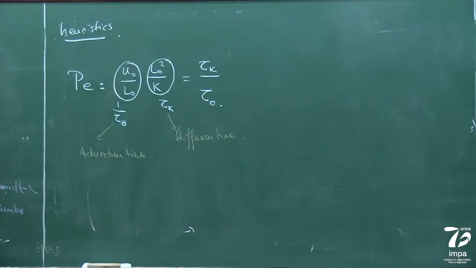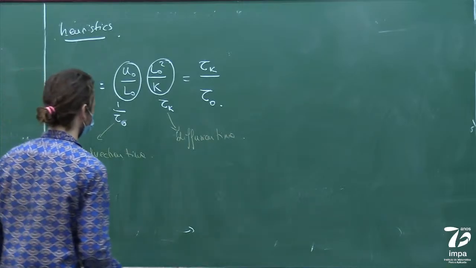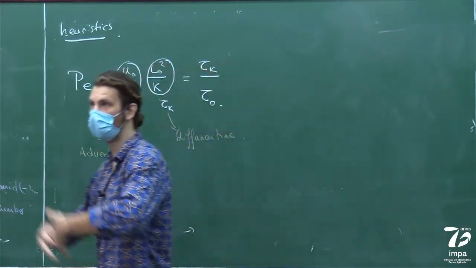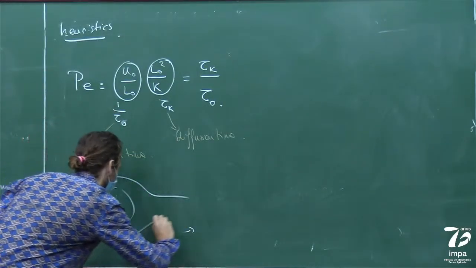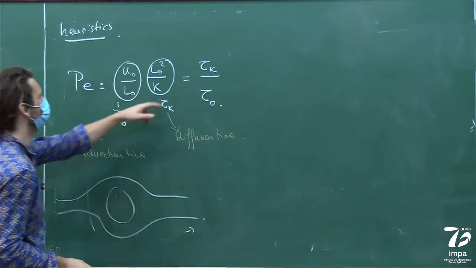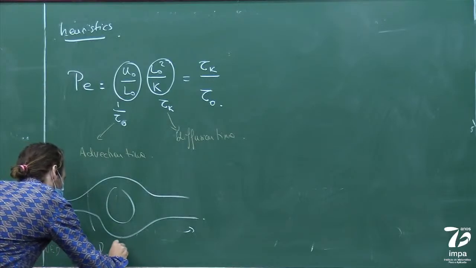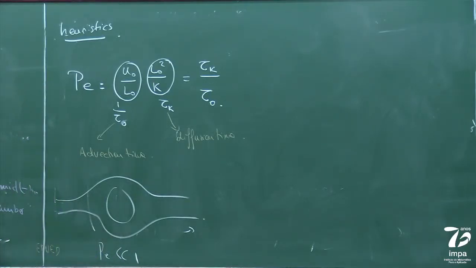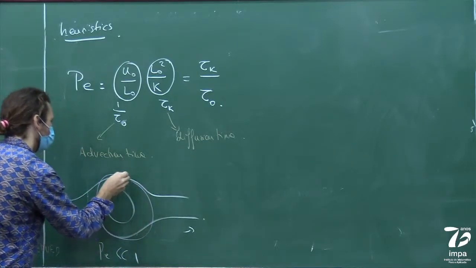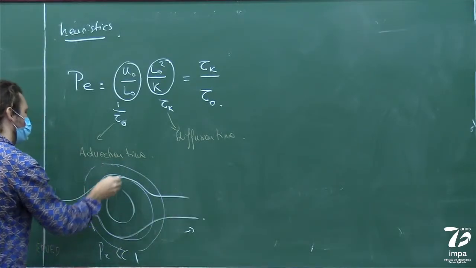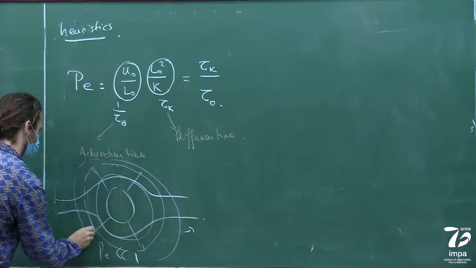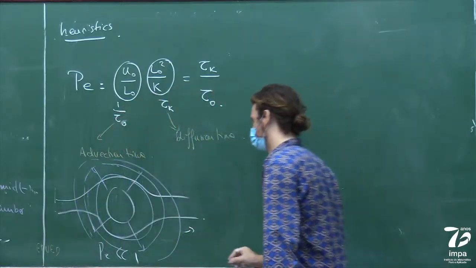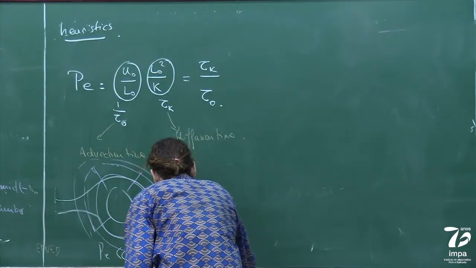And so we have the following picture. If we take this picture again, when the diffusion time is very small, so that Peclet is very small, then my small molecules of aspirin are going to diffuse radially, and we can have some upstream motion. So radial dispersion.